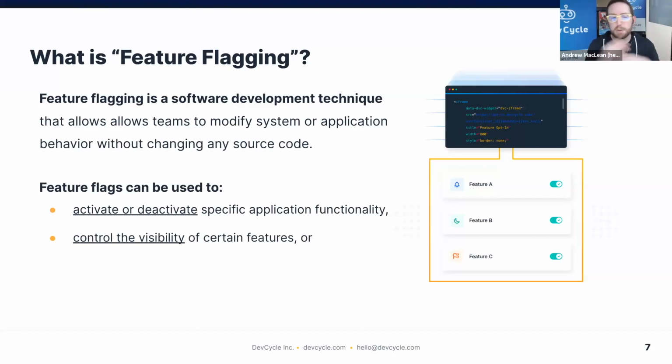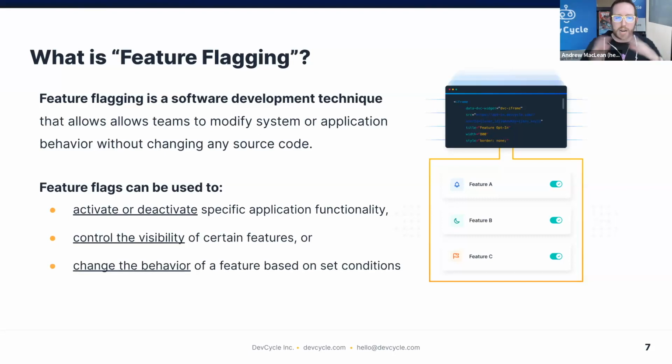Maybe you want some people to be able to see things or not be able to see things. And the third is to change the behavior of some specific feature set based on conditions. So this is the very top level of what feature flagging is all about as a concept.